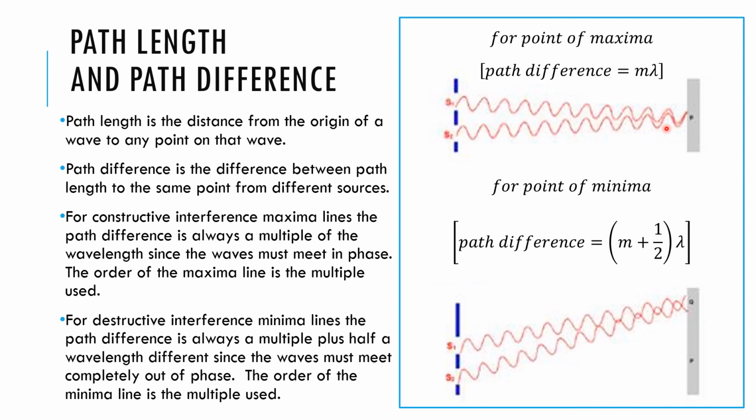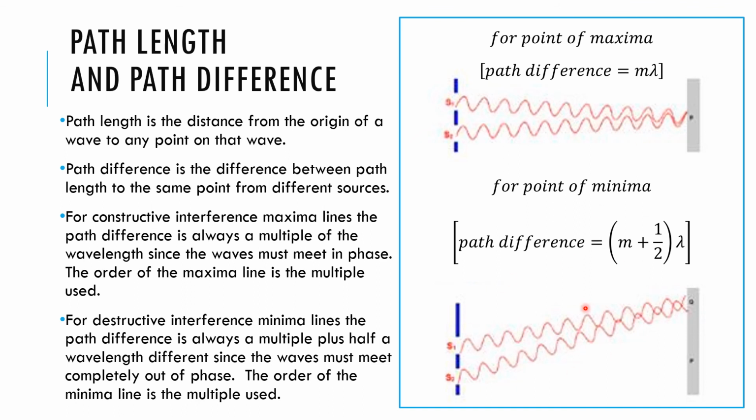The top wave and the bottom wave meet to form a constructive interference point, but the total difference between the two has to be a multiple of the wavelength. They're either meeting exactly at the same point, or they're one wavelength out, or two wavelengths out, or three wavelengths out, but they must be a multiple of the wavelength out, or constructive interference wouldn't occur.